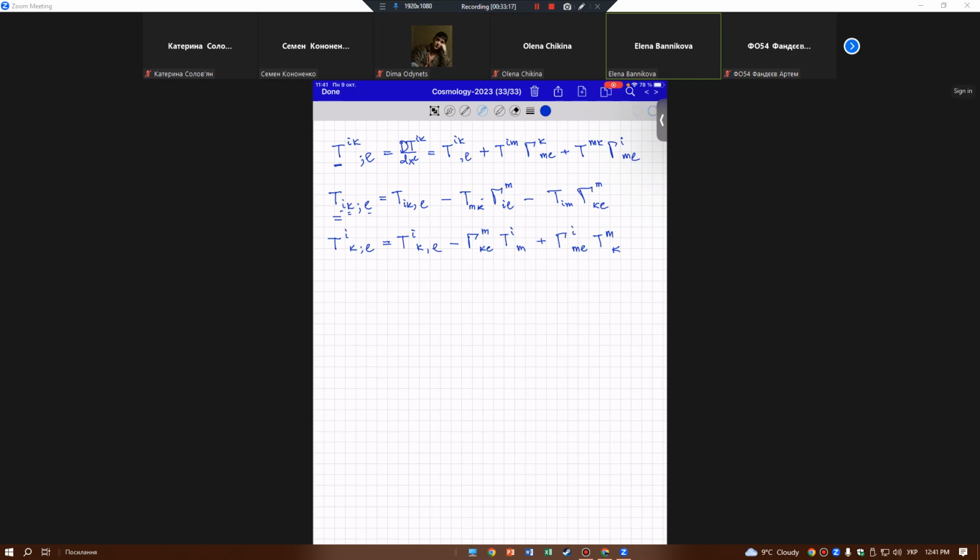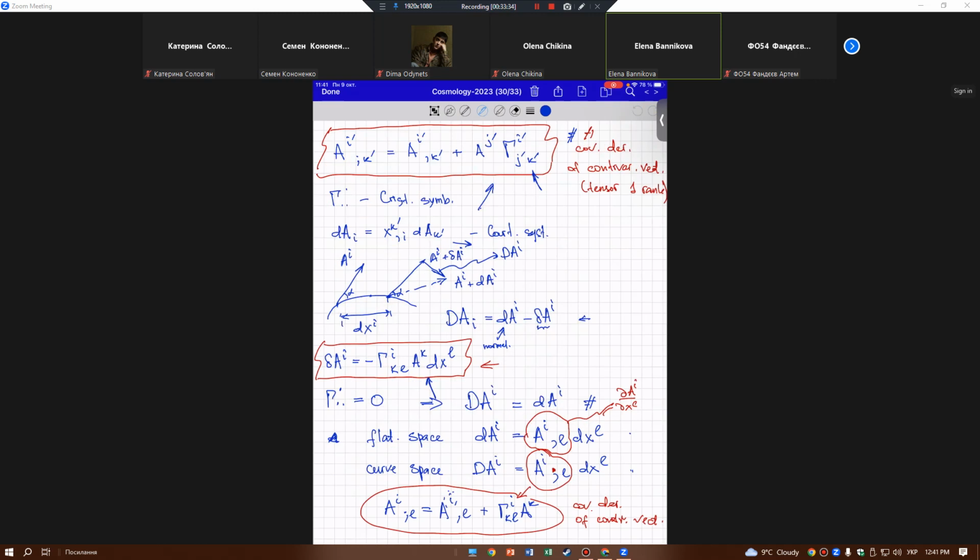I gave you this as a home task, which I even want to refuse because it's not simple to show why for one derivative we have plus, for example here for a contravariant, and for covariant minus. It's related to the mathematics when you write all these derivations by coordinates.